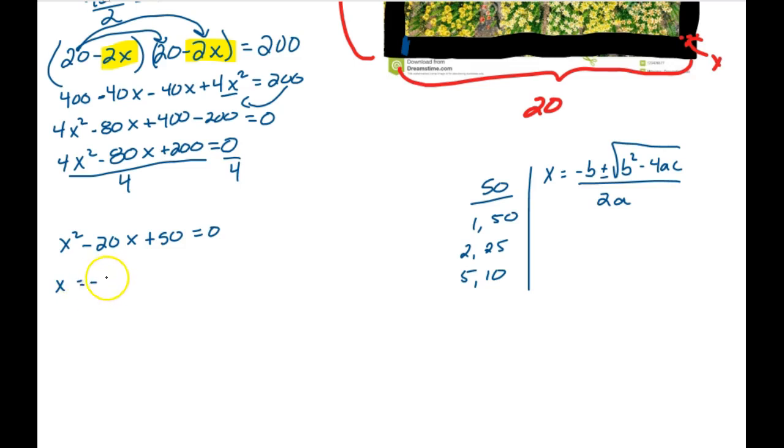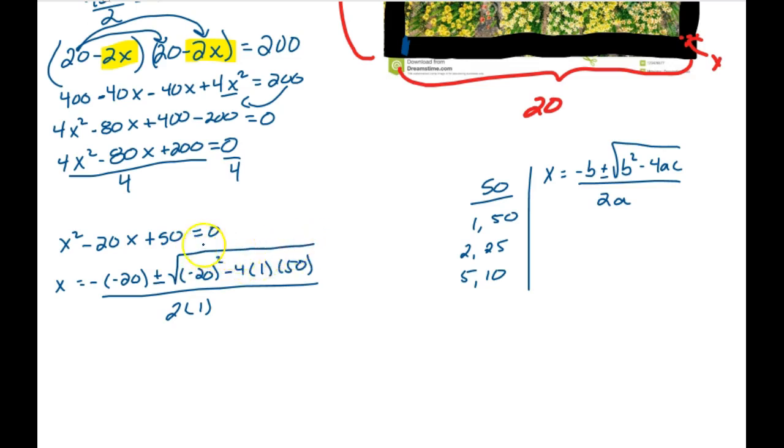So negative b, plus or minus the square root of b squared, subtract 4 times a times c, all over 2a. Negative and negative 20 is 20, plus or minus.